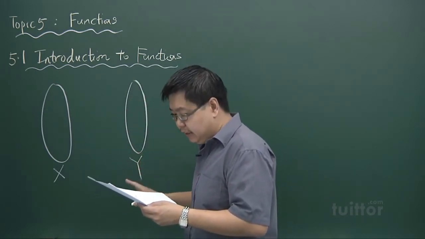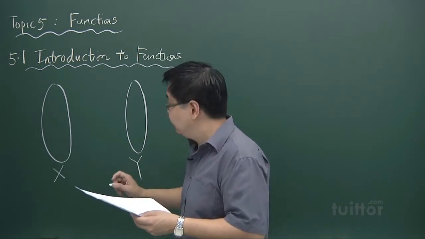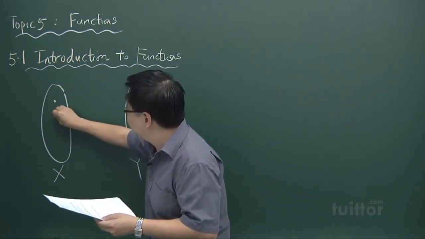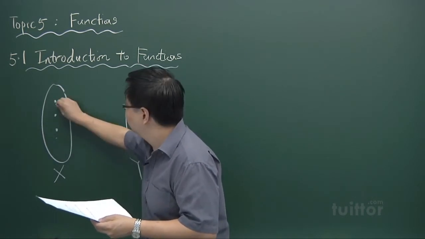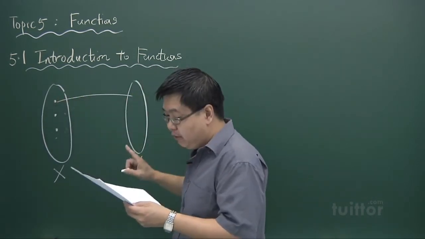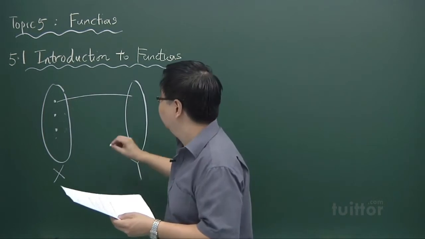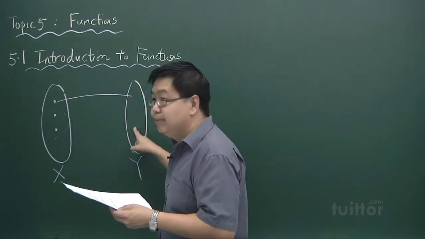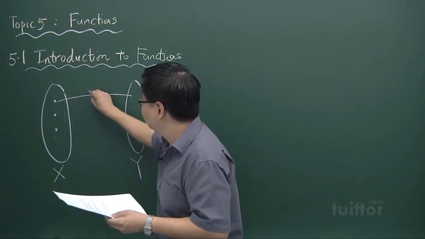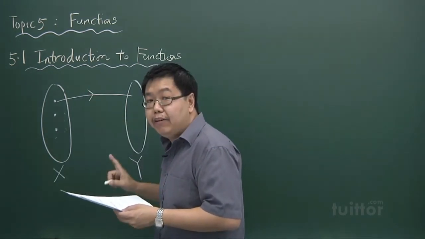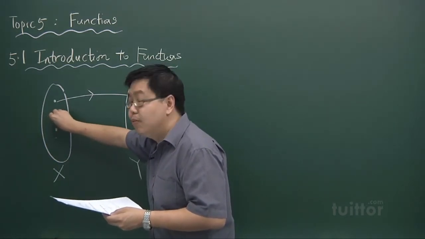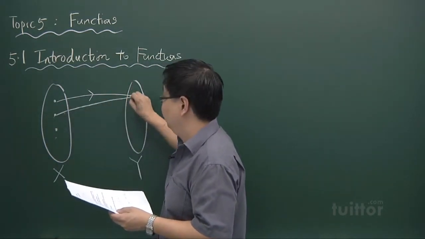A function is basically a rule or relation which assigns each and every element in this set to one and only one element in Y. So that means that this element cannot go to two other elements in Y. It can only go to one. However, a function allows another element here to map to the same y.